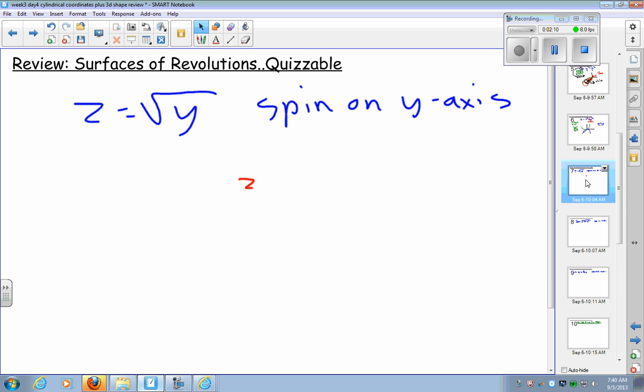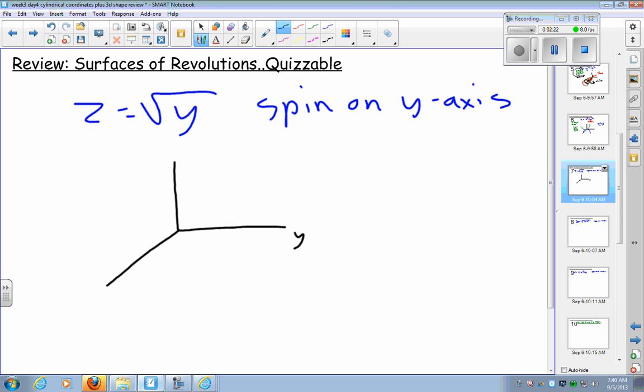Now, surfaces of revolution. So let's take a look at one like this. I love when it's z's and y's because it's very easy to draw that 2D graph. Because here's y and here's z. That's kind of like your y and x when you graph in 2D. So it's pretty easy to graph z equals square root of y.